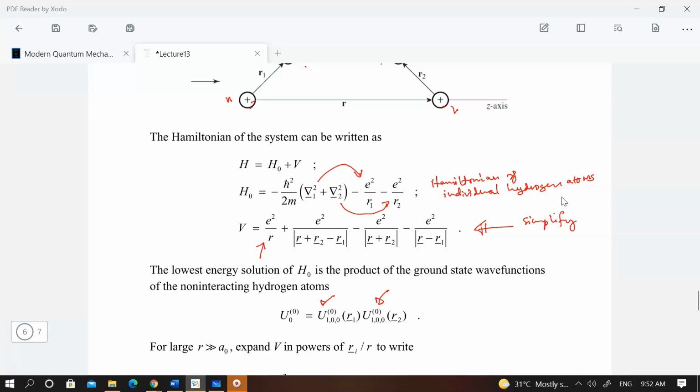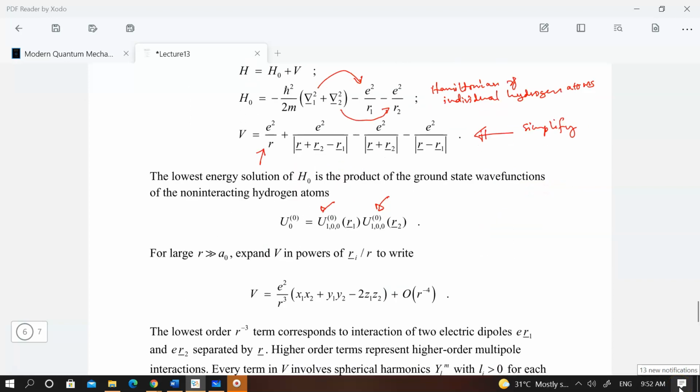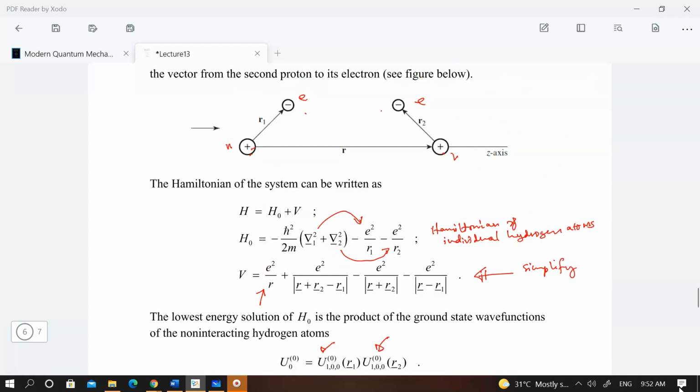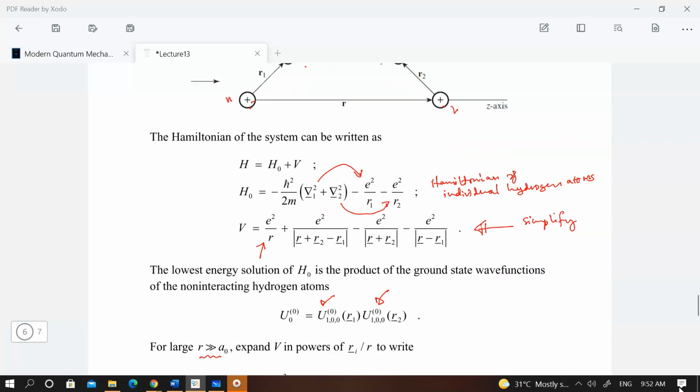Okay, so one needs to add this perturbing potential, but this is too complicated for us to do. We need some kind of approximation. Here the assumption is that this R between the two atoms is going to be large, at least larger than the Bohr radius.